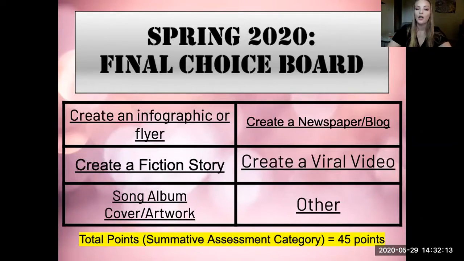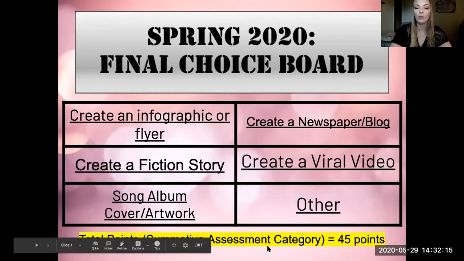So the overall goal really is just to think about how has this time changed for us? How has that affected our emotions, how we're feeling, how we view the outside world, how are we sleeping, how are we eating, are we staying active, are we playing video games all day?